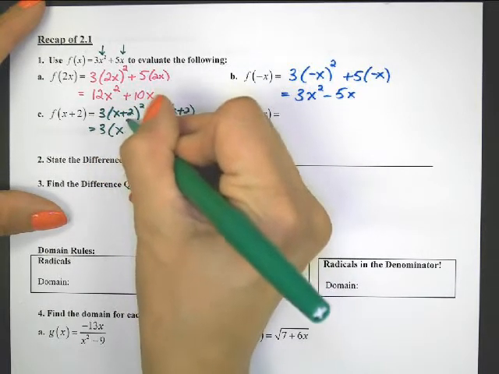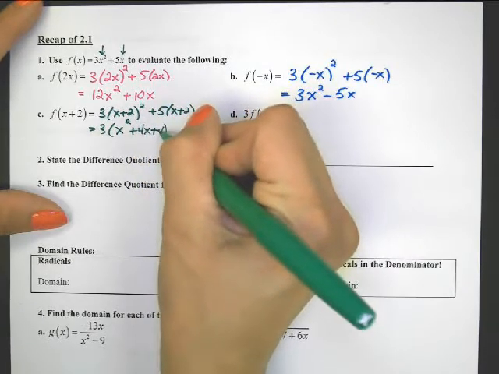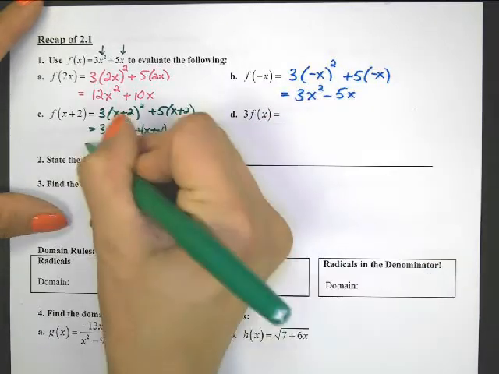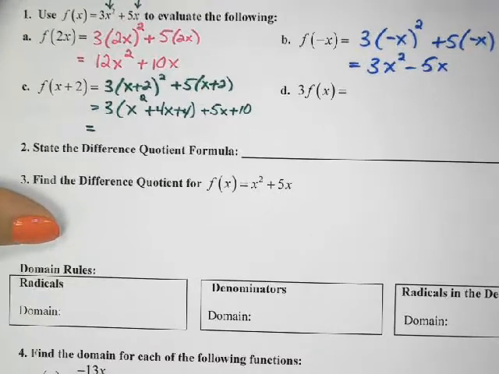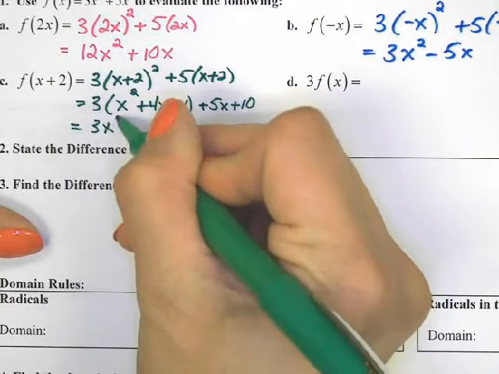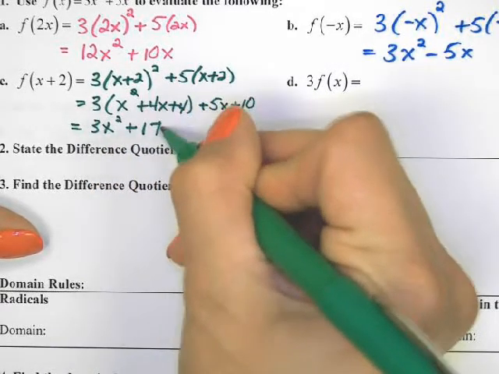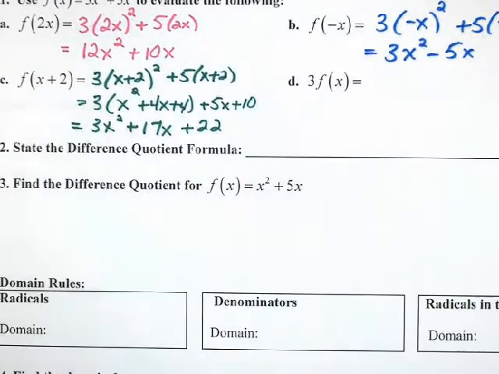FOILing out that quantity is x squared, outers and inners, plus 4x plus 4. I'll distribute the 5x plus 10. Final answer in descending order is going to be 3x squared plus 12x plus 5 is 17x plus 12 plus 10 is 22.